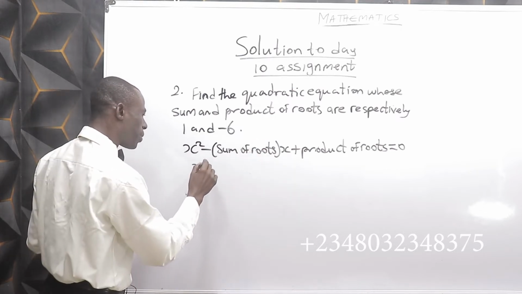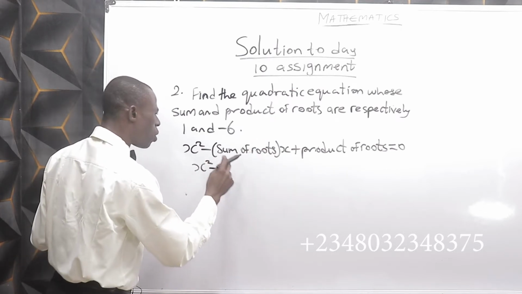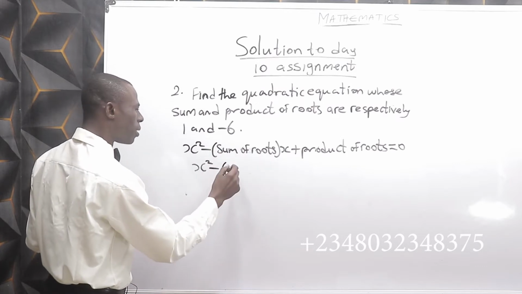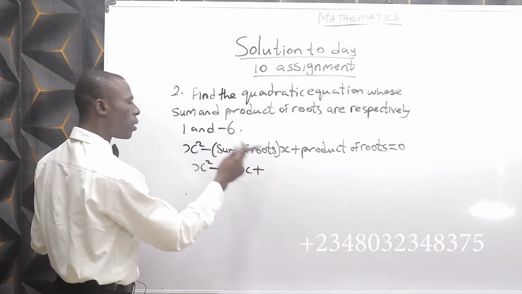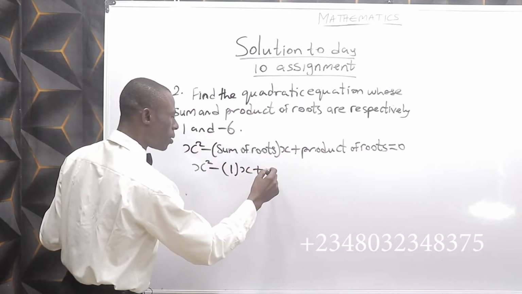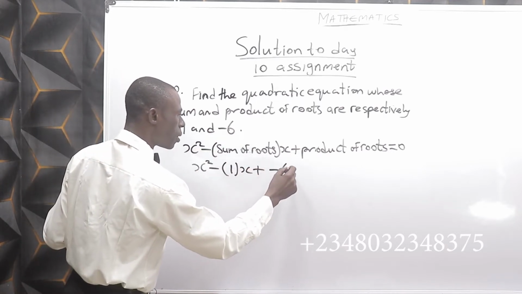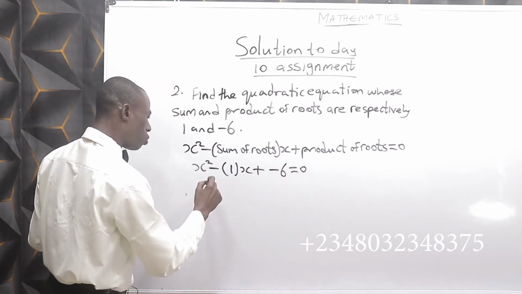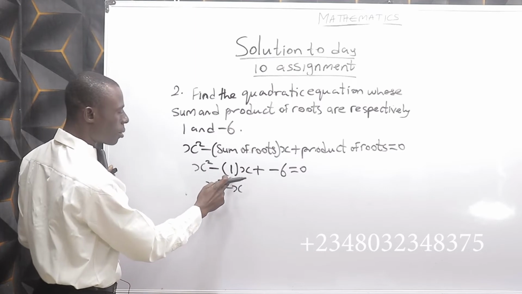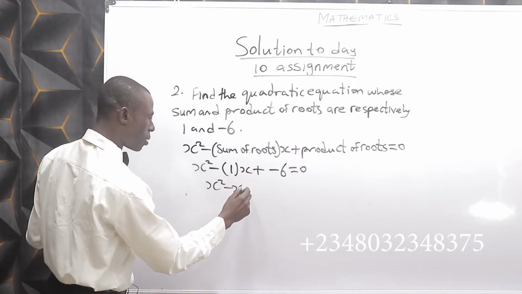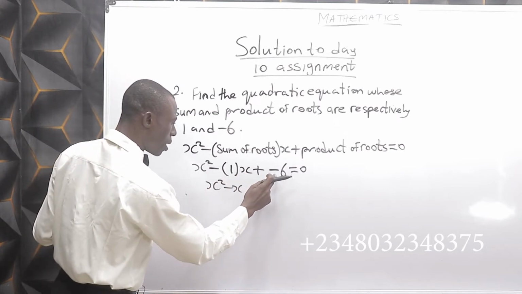You have x squared minus, what is the sum of roots given here? That's just 1 into x plus the product given to you here is minus 6 equals 0. So you have x squared minus x, minus 1 times x is minus x. Plus times minus here is minus.